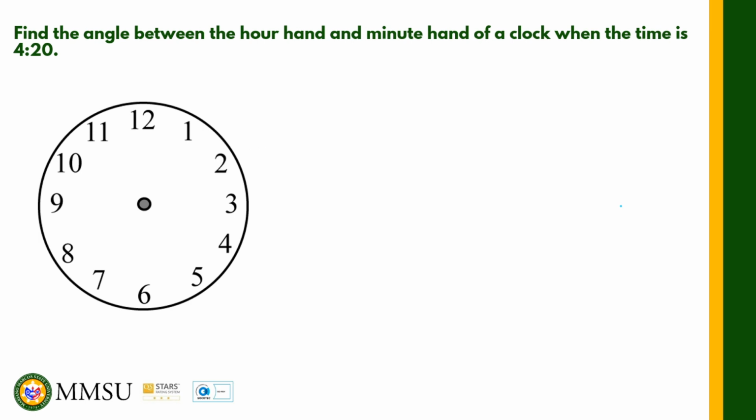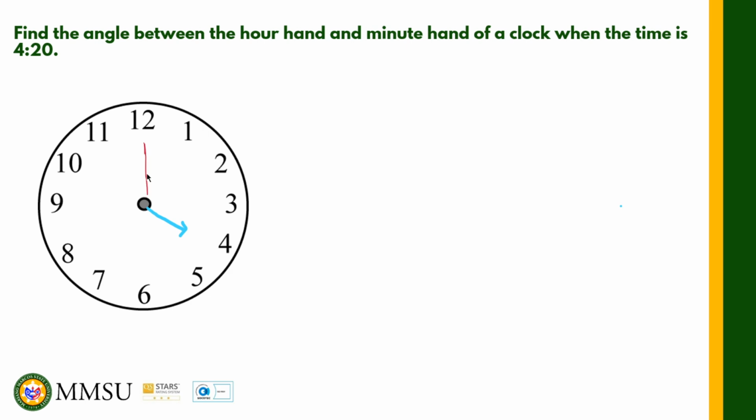Okay, so syempre, kung 4 o'clock yan, yung hour hand ay nakatutok dito sa 4, di ba? This is the hour hand kasi 4 o'clock. Ganyan siya. And the minute hand, nakatutok siya dito sa 12.